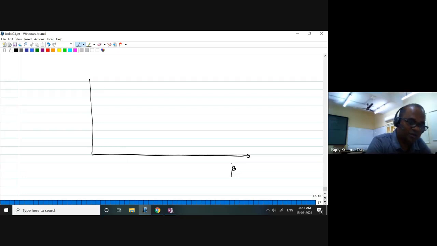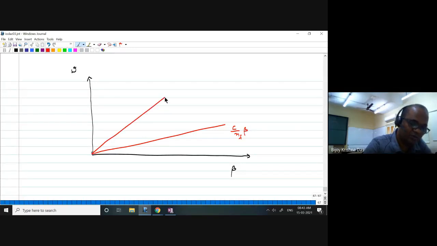This is beta, this is your omega, right? This curve is for omega equal to C by NF beta, this curve is for omega equal to C by NS beta, and this is C by NC beta.